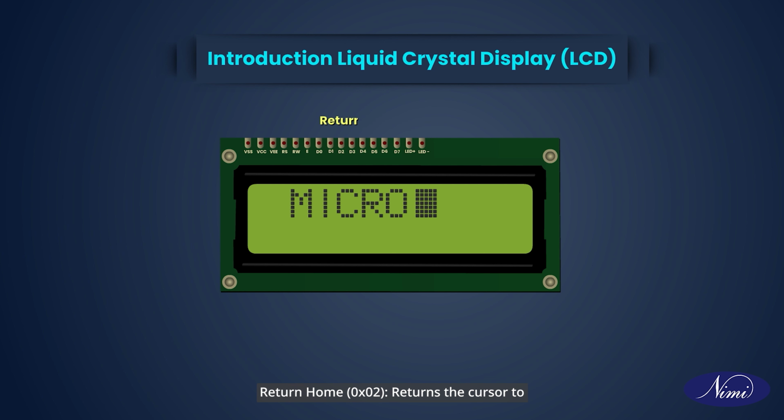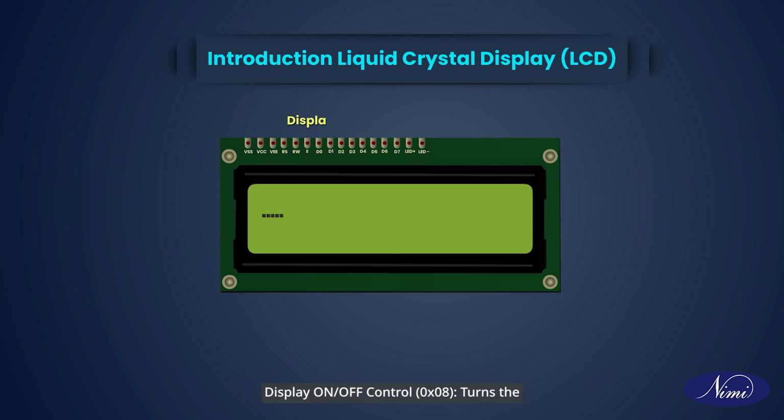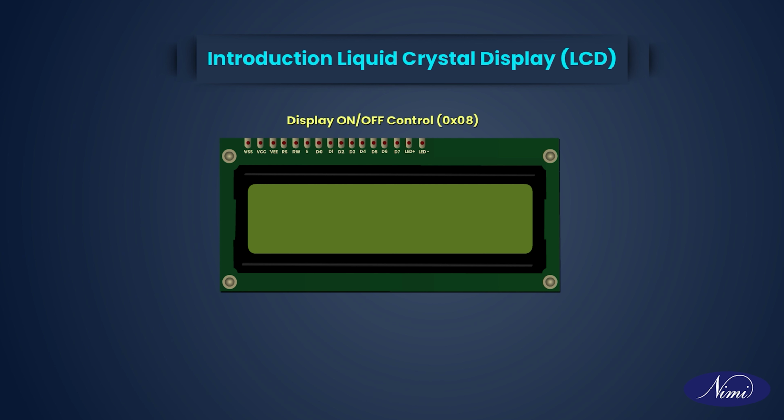Address 0. Return home 0x02 returns the cursor to the home position without clearing the display. Set cursor position 0x80 plus address sets the cursor to the specified address on the display. Display on or off control 0x08 turns the display on or off.